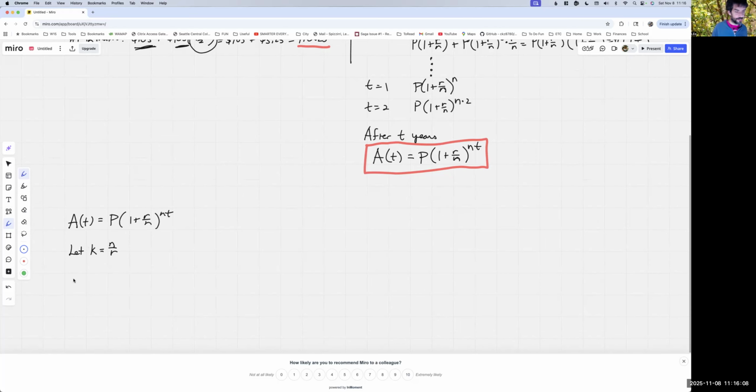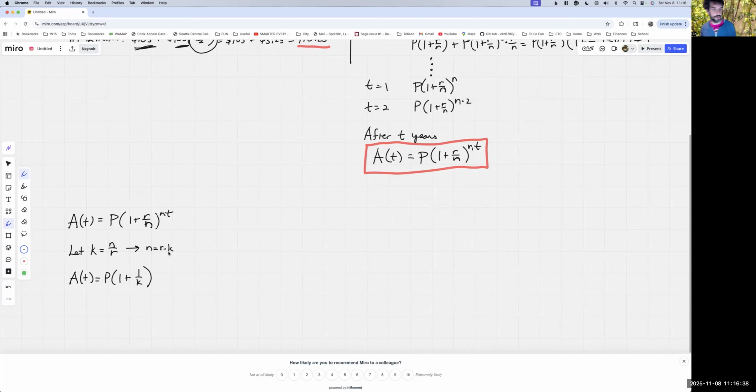Okay. So if k is n over r, then r over n is 1 over k. It's just the reciprocal, right? And if k is n over r, this is equivalent to saying n equals r times k, just multiplying r over.